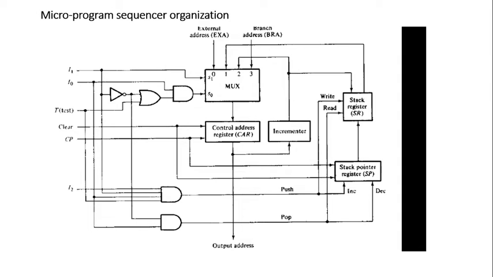So here we have a multiplexer with 4 different input sources, and we have 2 selection pins. According to the values of these selection pins, we can select one among these 4 sources as the next micro instruction's address, which is loaded into the control address register. The value of this control address register indicates the address for our control memory in order to fetch the next micro instruction.